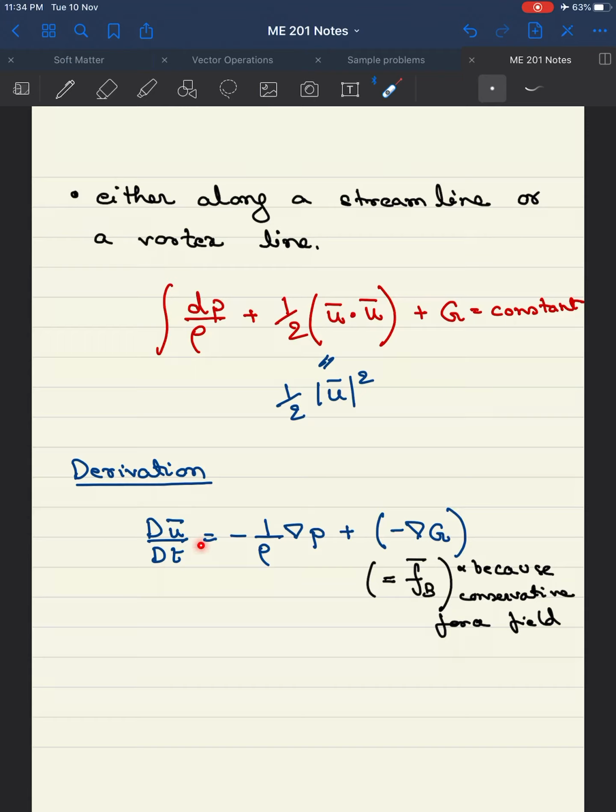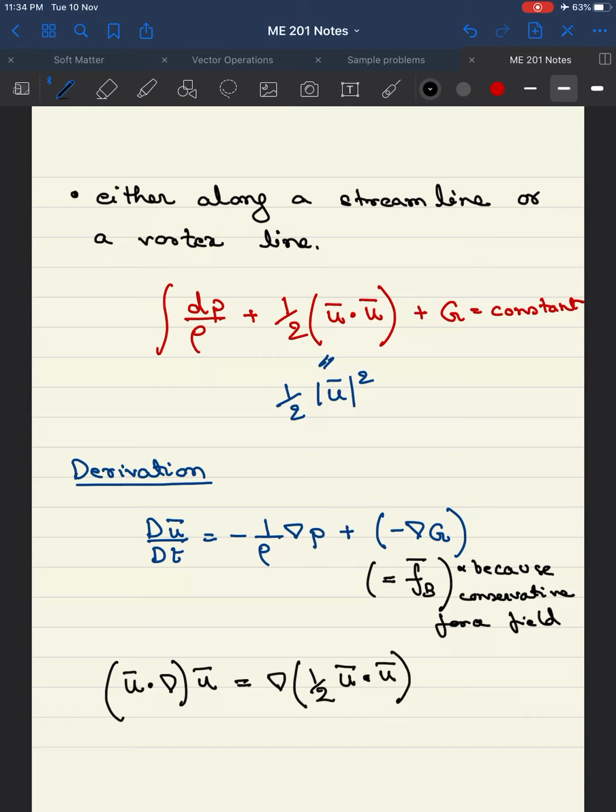Now we know that this breaks up into two terms, and we are going to expand the second term, which is the convective term, using the same identity that we have seen before, which is this.